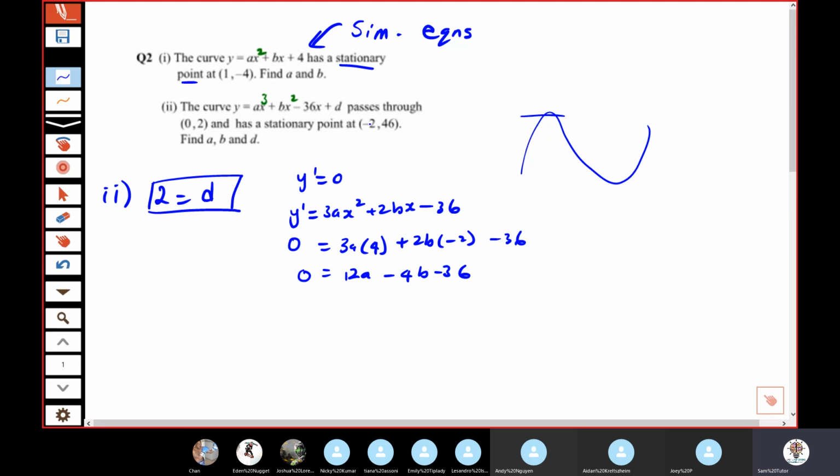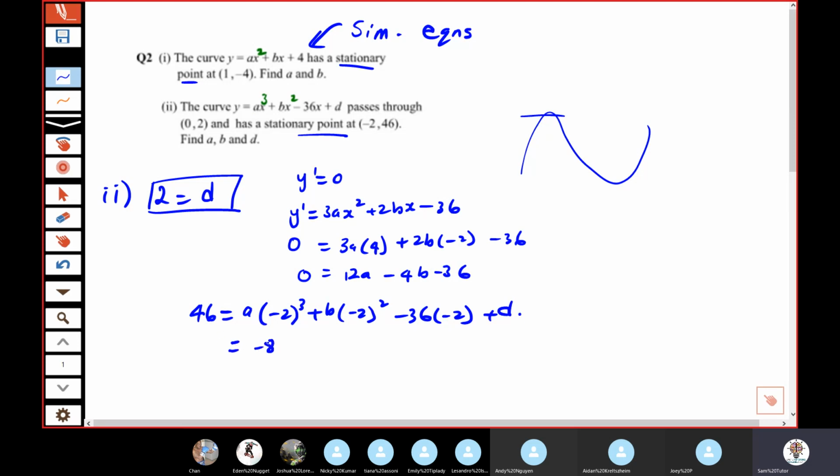So then the second equation you need is your original one. The fact that it's a stationary point, I gotta keep saying it because everybody keeps forgetting it. If it's a stationary point, it also lies on the curve. So just sub it in. 46 equals a(-2) cubed plus b(-2) squared minus 36(-2) plus d.